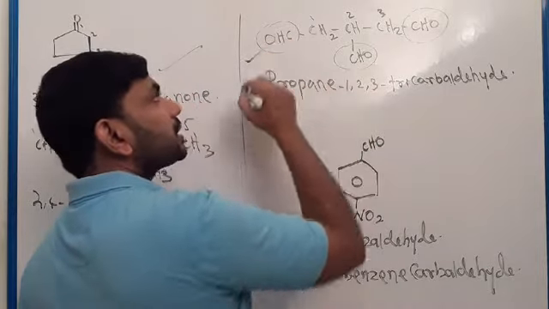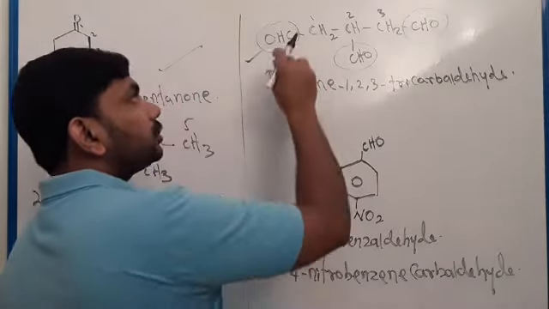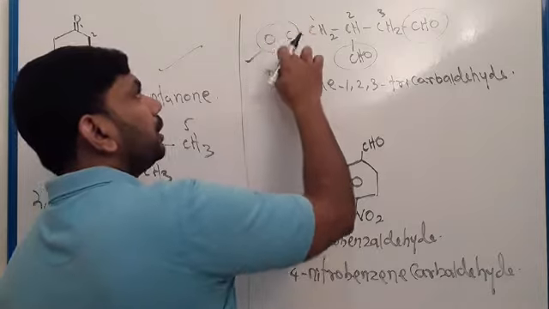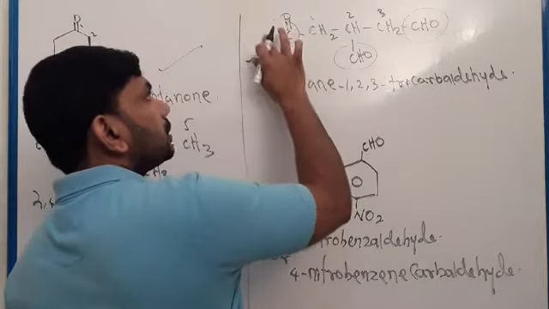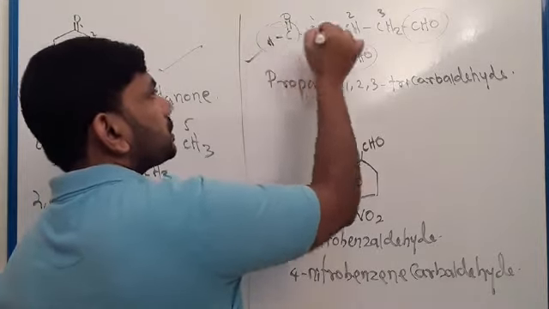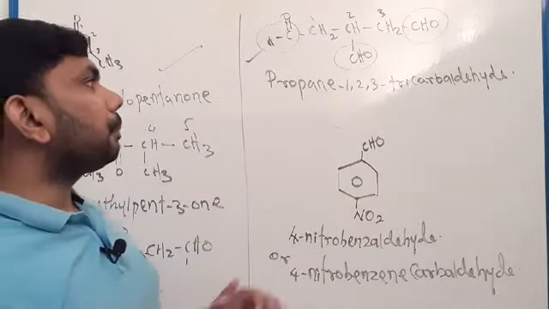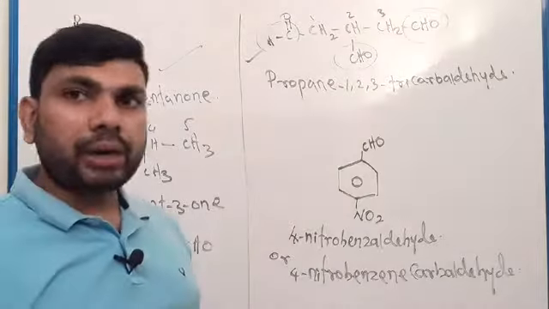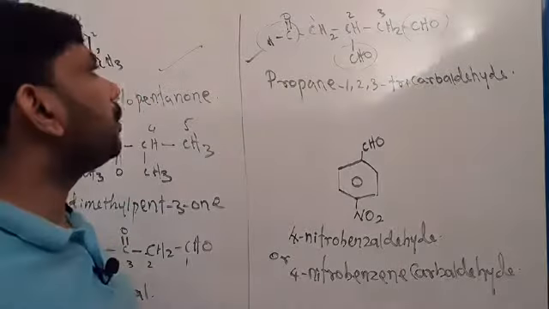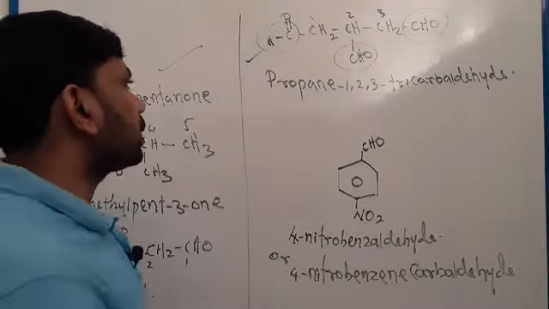Carbaldehyde, we will say this carbaldehyde. Actually CHO here, carbon double bond oxygen single bond hydrogen, this is all the same, aldehyde. So propane-1,2,3-tricarbaldehyde, this is the name of this compound.